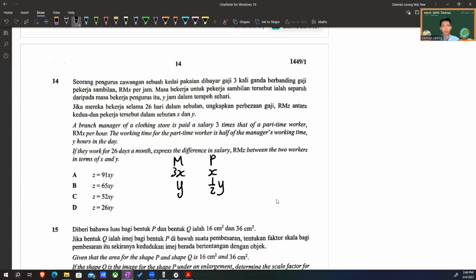So 26 days a month, difference in salary.